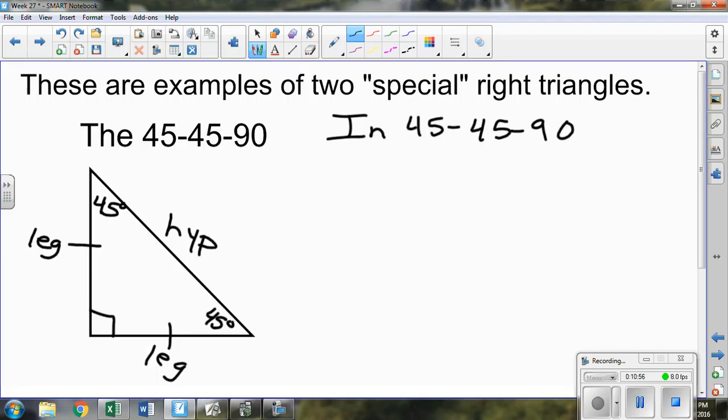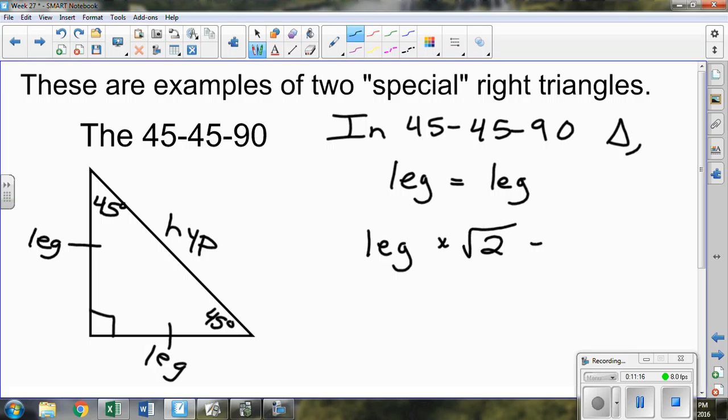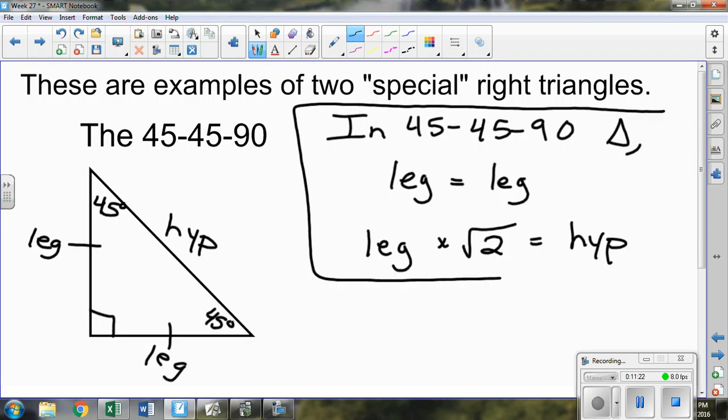In a 45, 45, 90 triangle, there are two facts. The first, the legs are the same length, so leg equals leg. The other fact, if you take one of the legs and multiply it by the square root of 2, it will give you the hypotenuse. That's what you need.